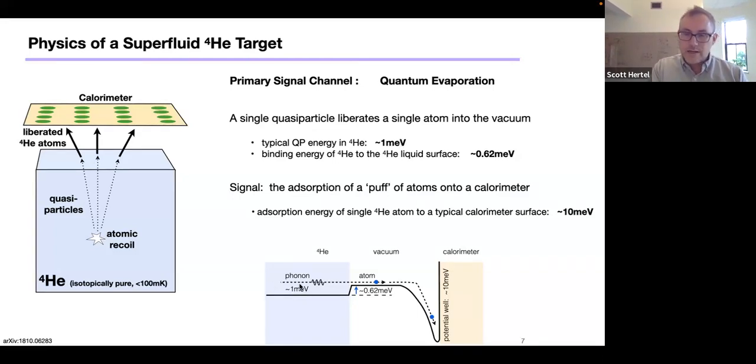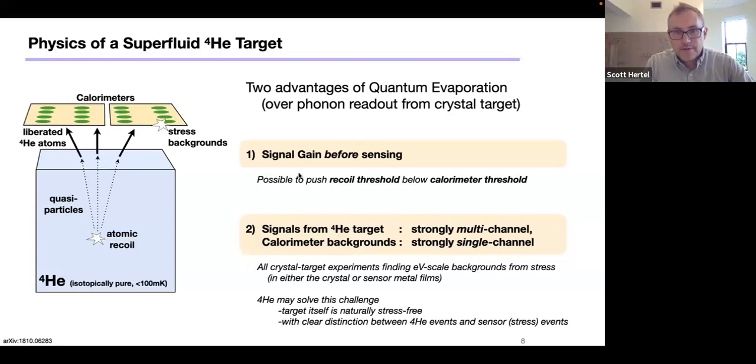We start with an excitation, and that excitation rolls down a hill so that we see more energy than we started with when we do the sensing. That's one of these huge advantages. There are not many modes where you're essentially just sensing kinetic energy, a recoiling atom, where you have a gain mechanism between that recoiling atom and your sensor. So that's a huge advantage over anything that's not using helium-4.